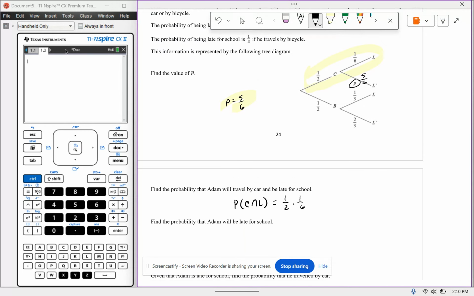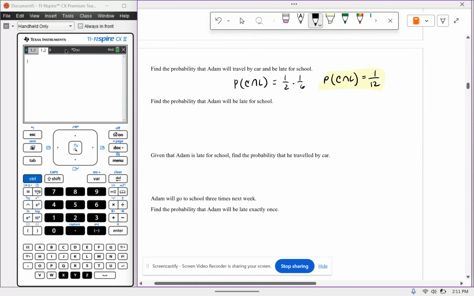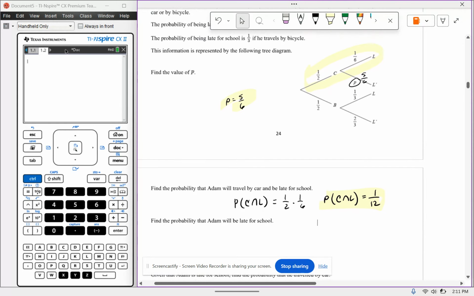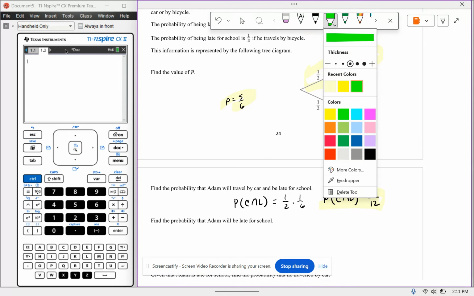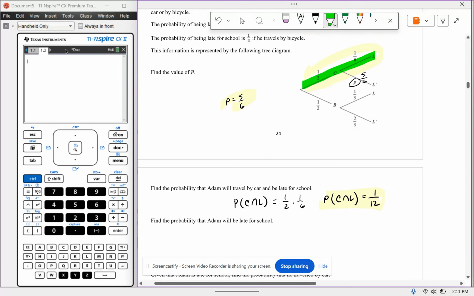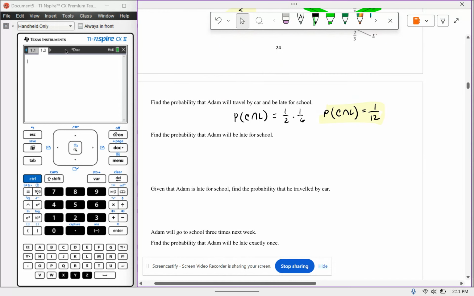All right. Find the probability that Adam will be late for school. We're going to look for all the branches that terminate in an L, because being late is an L. So now we're going to multiply those all together. Multiply across, then add.